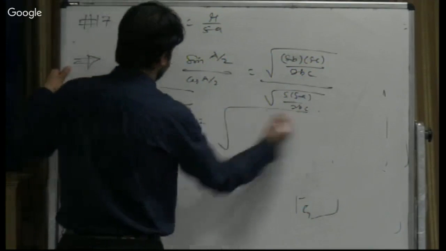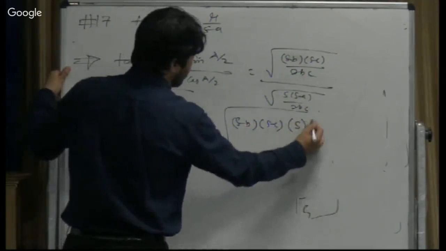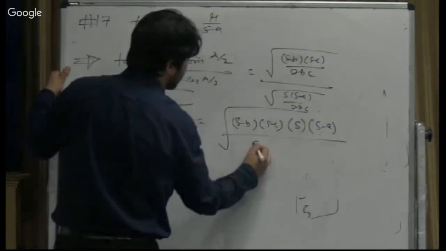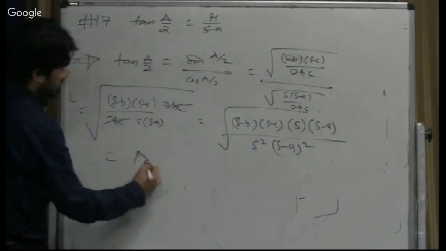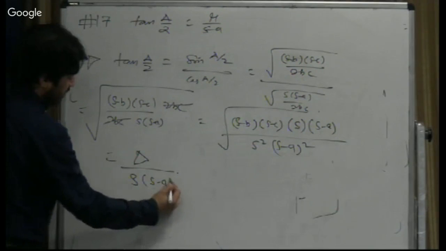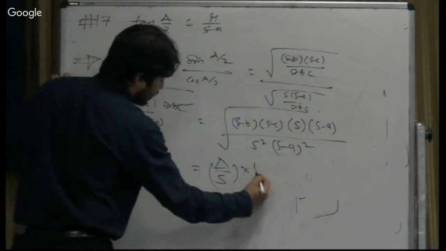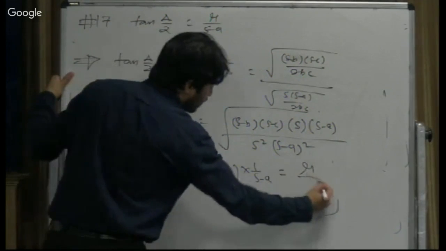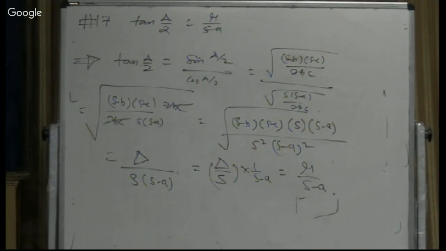So you are left with S minus B into S minus C. Now just multiply and divide by S into S minus A, so you will get S square S minus A square. Now ऊपर आ गया आपके डेल्टा का डेल्टा आ गया, नीचे आ गया आपको S into S minus A. Now since you know delta by S into 1 upon S minus A, which is equal to r by S minus A, right?